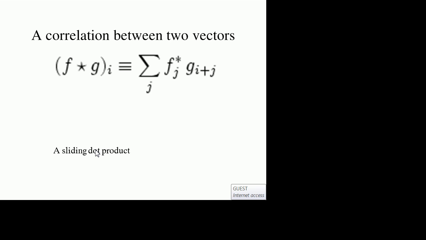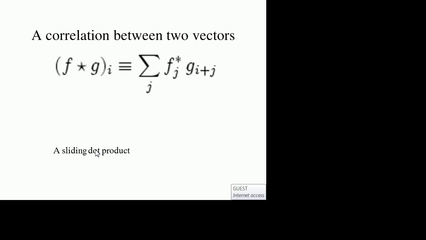So you slide g over by one increment, and then you do a dot product again, then you slide g over again, and do another dot product, and again. In fact, you have to slide g over as many times as there are increments in f. So that means you're doing a whole bunch of dot products, a ton of dot products, one for every sample. And so that's kind of slow. That's an order n squared operation.